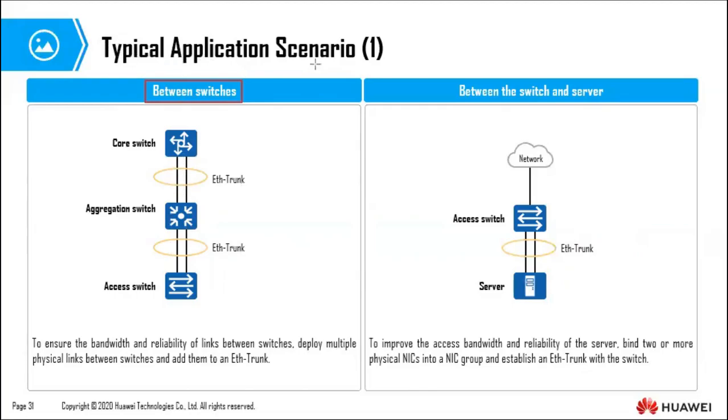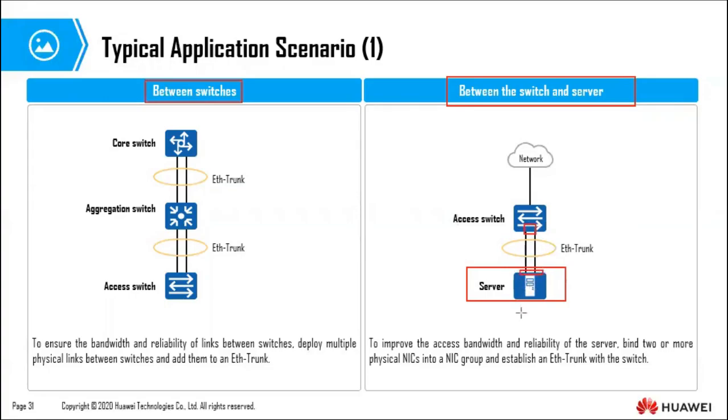Okay, so the typical application scenario, where do you do Ethernet trunking? You can do it between switches, or you can do it between the switch and the server. As we've already learned, normally if you create an Ethernet trunk, you increase bandwidth. Servers are accessed by many people in the network, so we want to increase this bandwidth so that we do not have congestion on the interface there and on the interface here.